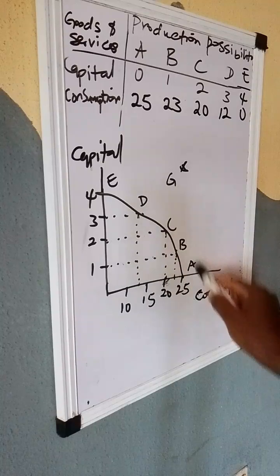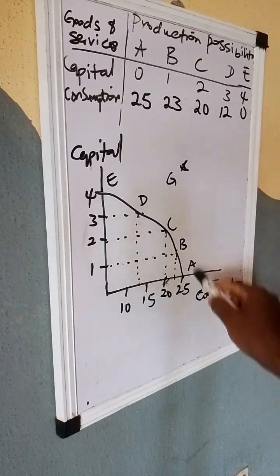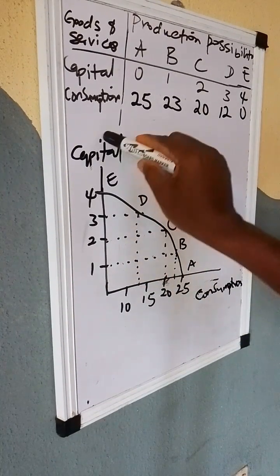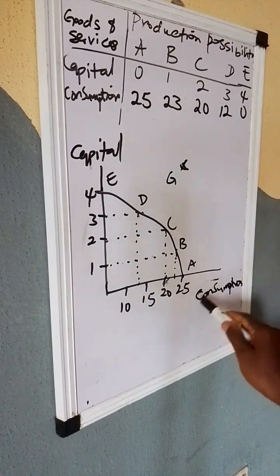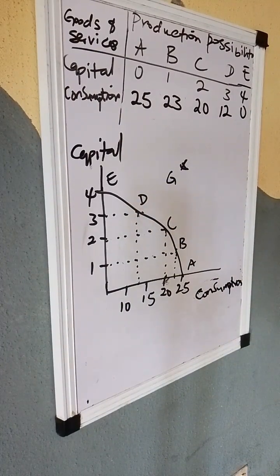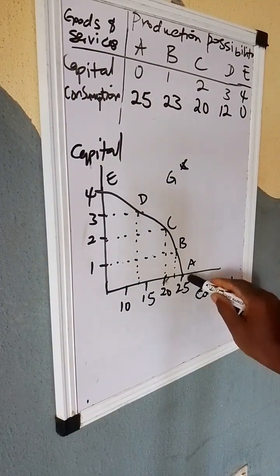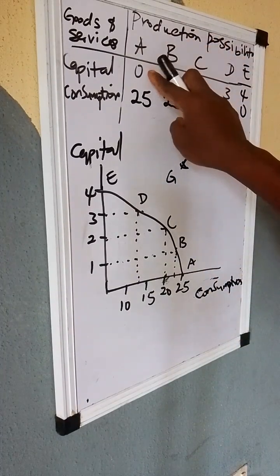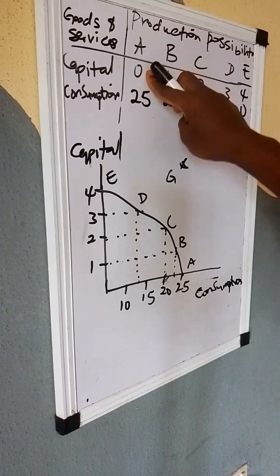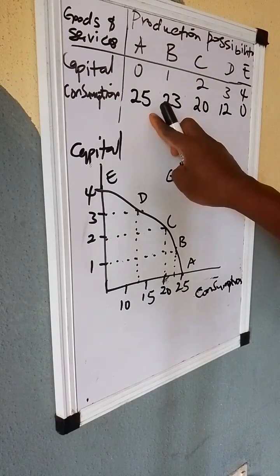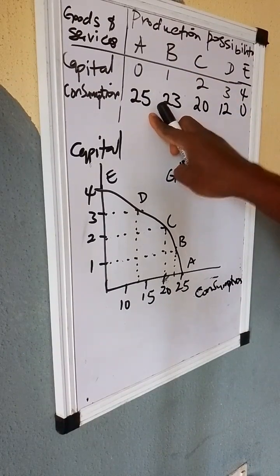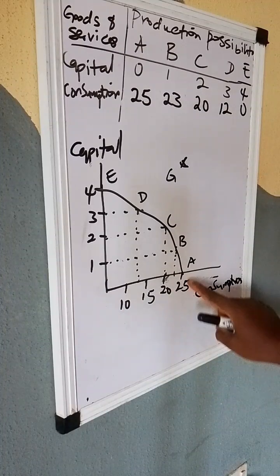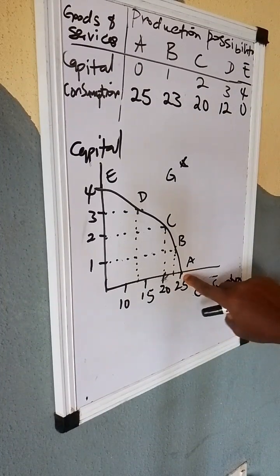This is the curve we're talking about now, given these two goods, capital and consumption goods. Now, these are the combinations. Look at it. At this point, we produce 0 capital goods and 25 consumption goods.